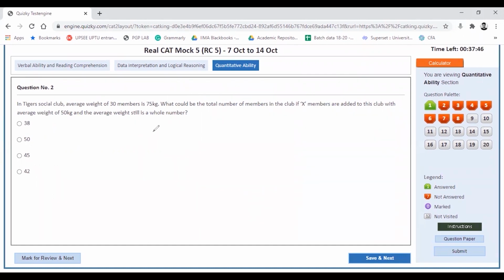It has been given 30 members had an average weight of 75. Some members were added with an average weight of 50, such that this average again came out to be a whole number. Okay, so what I see here is some x number of people have been added which have an average weight of 50.